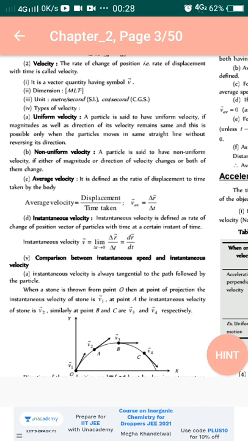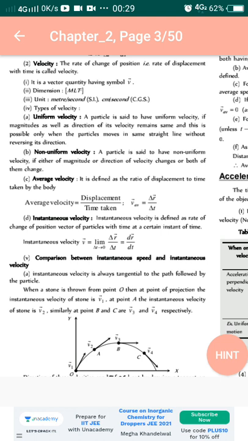If a body starting from rest accelerates at a constant rate alpha for a certain time and then retards at a constant rate beta and comes to rest after t seconds from the starting point, then the maximum velocity of the body is alpha beta t upon (alpha plus beta), and the distance covered by the body is alpha beta t squared upon twice (alpha plus beta).